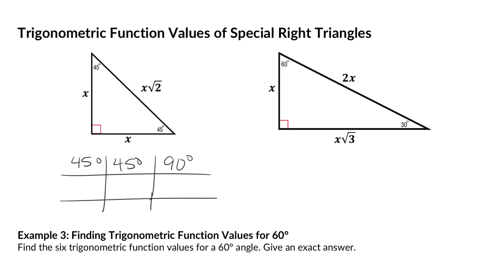The pattern with 45-45-90, remember, across from 45 is x. And for us, what I would like for us to do is allow x to be 1. So if I called this 1, 1, this would be square root of 2, because 1 times square root of 2 is just square root of 2.